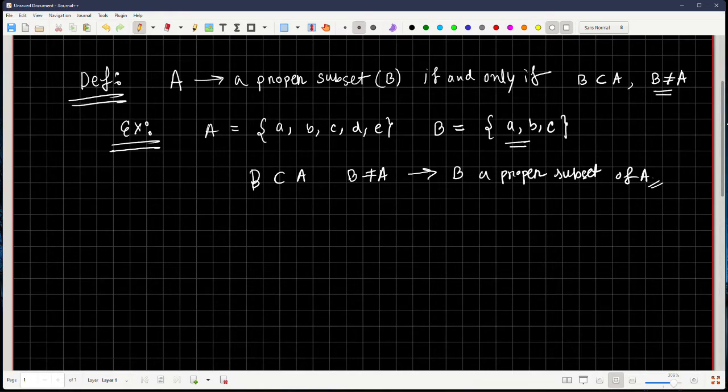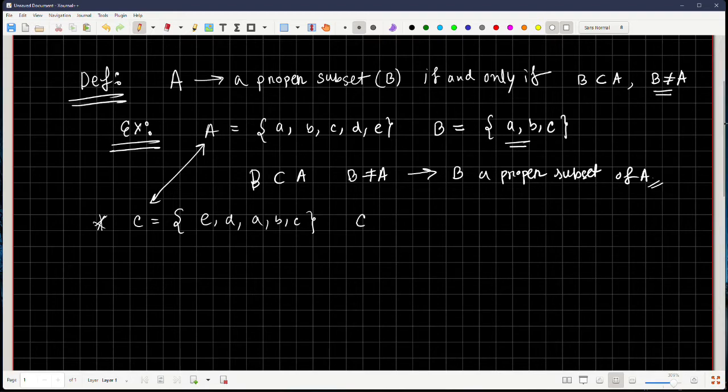Now what happens if you call another set C that equals {E, D, A, B, C}? Well, A and C are basically the same thing, the same set, because ordering doesn't matter in a set.